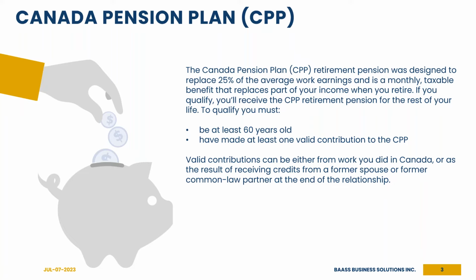If you want to find out how much CPP retirement pension you'll receive, you can use the Canadian Retirement Income Calculator. At the end of the presentation, I do include a link for you of how you can access that, or you can search on it on the internet. The calculator will provide you with retirement income information.